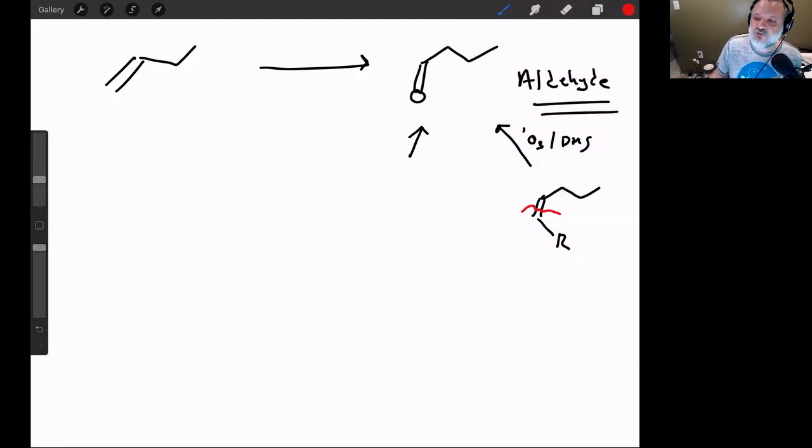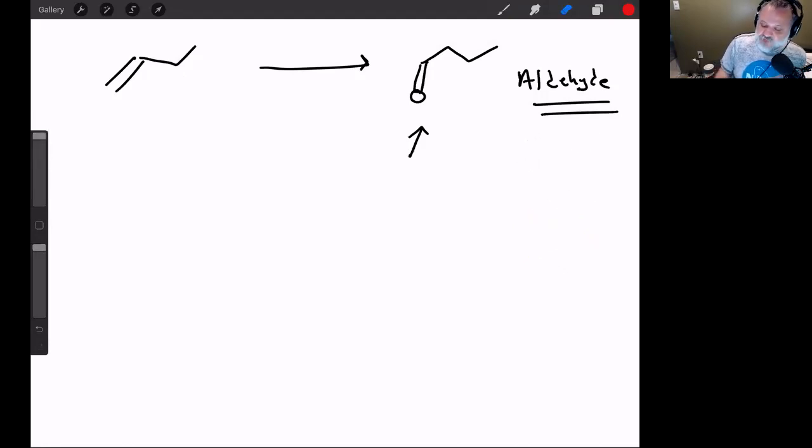What's telling me that is that I'm wasting all of this stuff. It's synthetically inefficient. The more carbons that I can maintain, the more efficient the synthesis is, and the more likely you are to be going down the correct pathway. So I'm going to eliminate this pathway right away, because I would have to waste whatever carbons were attached to that. Even if it was just 1 methyl group, that would be a waste. And so I don't want to think about that possibility.